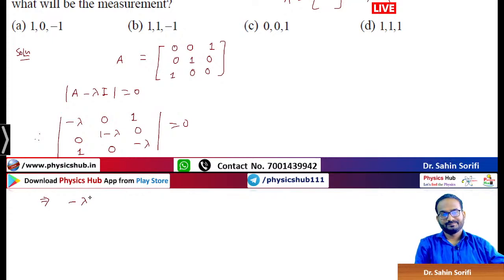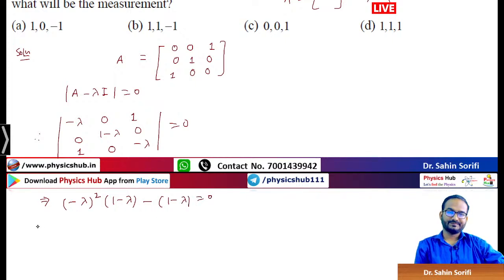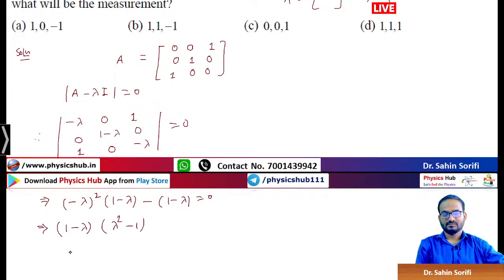Minus lambda square, 1 minus lambda, minus 1 minus lambda. You got something like this, right? 1 minus lambda, lambda square minus 1.